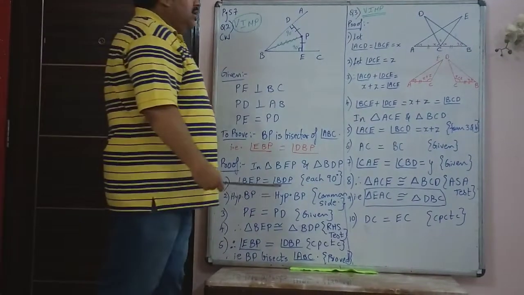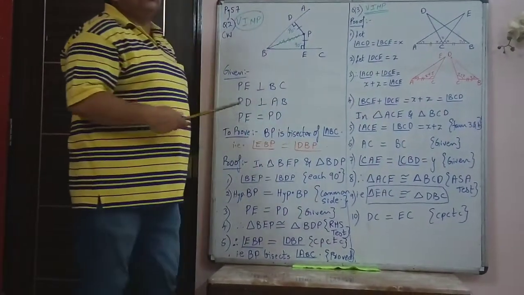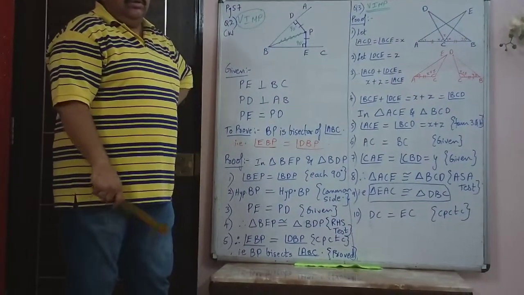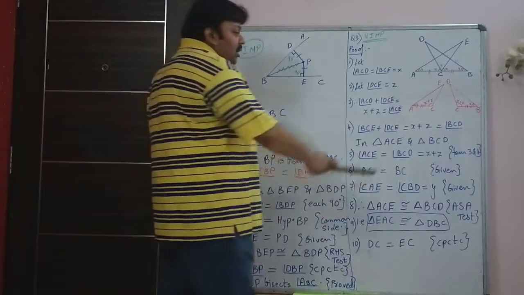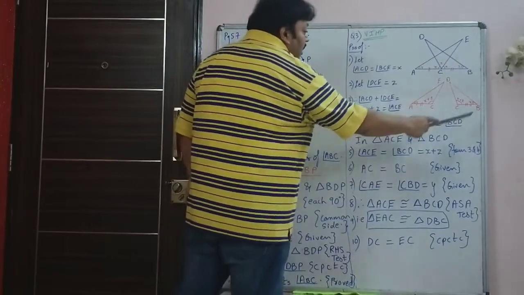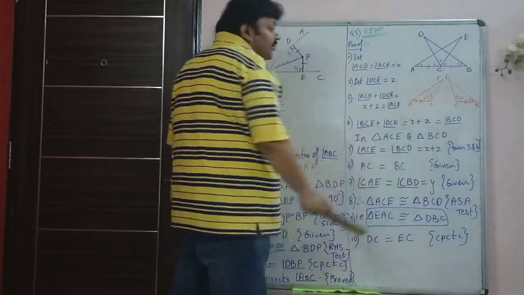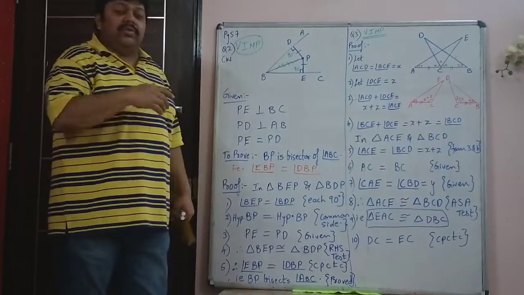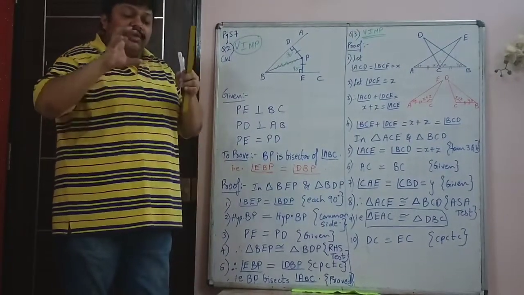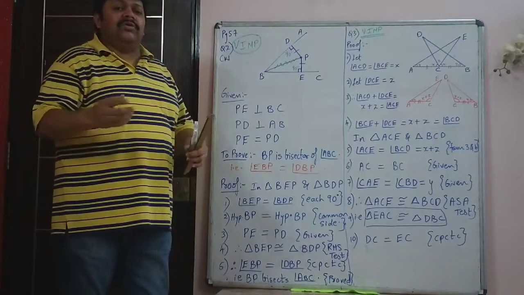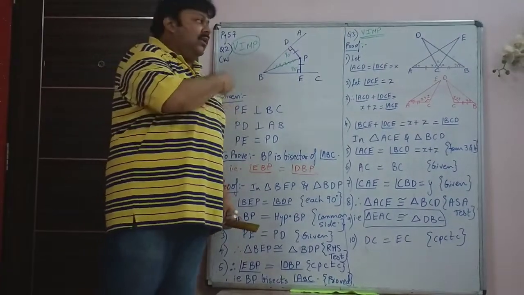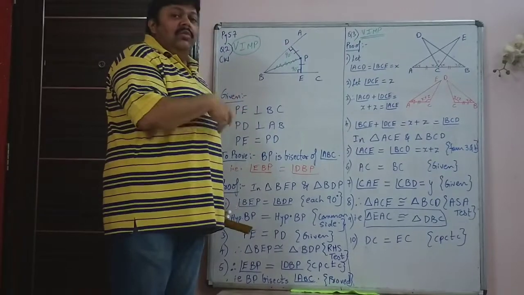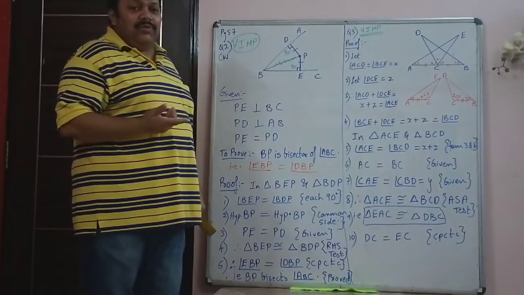Then the two triangles which I need to prove congruent, ACE and BCD, I have drawn separately. It's very important to draw that. It is not compulsory, but if you draw that, you will immediately come to know the steps of the proof.